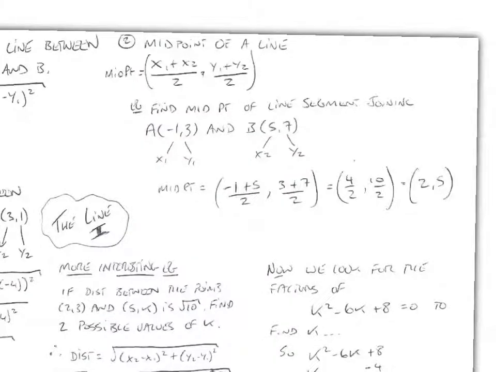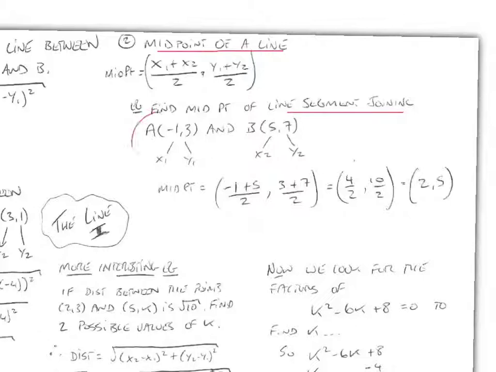We might also be asked to find the midpoint of a line, or the midpoint between 2 points A and B. And again, for example, find the midpoint of the line segment joining the point A with coordinates at minus 1, 3, and point B coordinates at 5, 7.